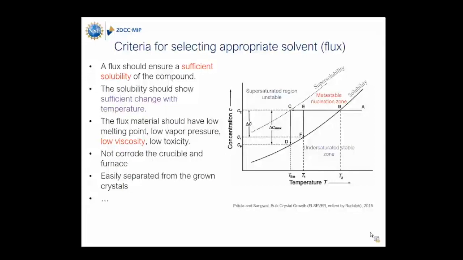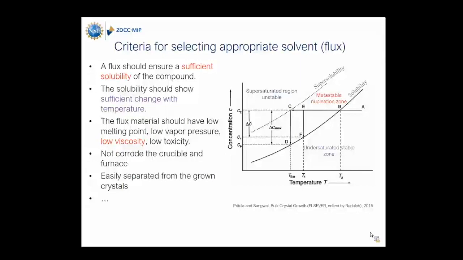And second, the solubility should show sufficient change with temperature. When we do slow cooling of the crystal, you want the change of the concentration to be large. If you cool from A to E, you want a large change of concentration between E and F. But if this curve has a small slope, that change will be small.